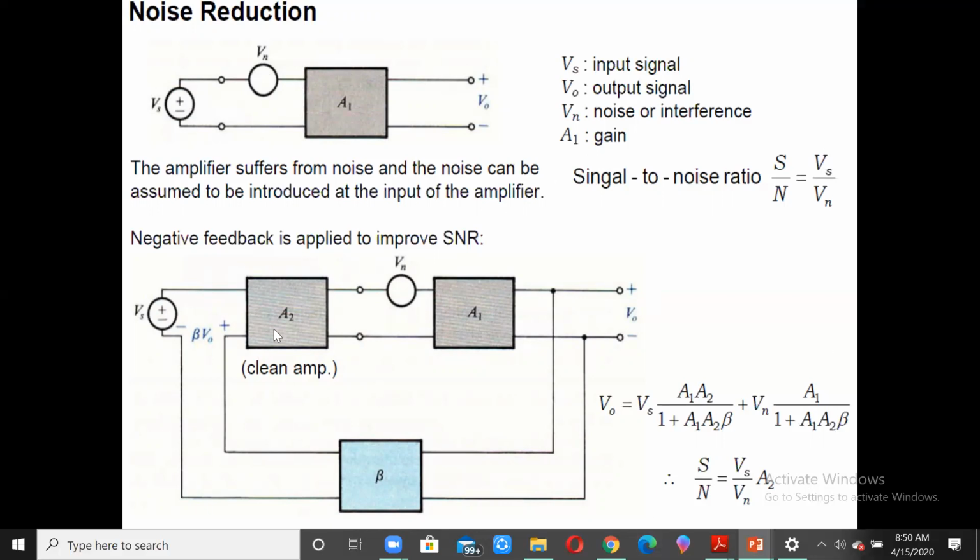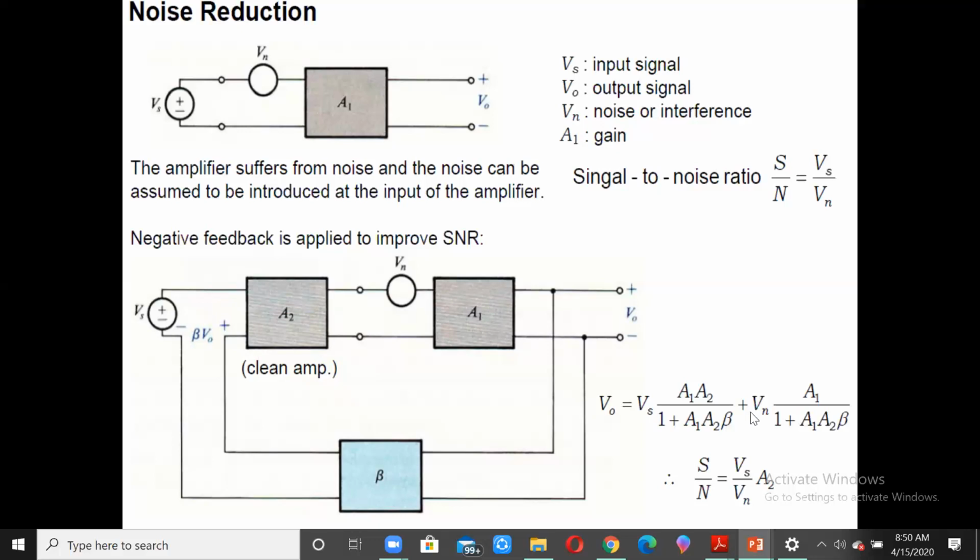So if we have negative feedback, we have here the amplifier under test, and this is a clean amplifier connected over here. Then the value of V0 will be Vs multiplied by A1 A2 divided by the feedback arrangement, which corresponds to 1 plus A1 A2 beta.